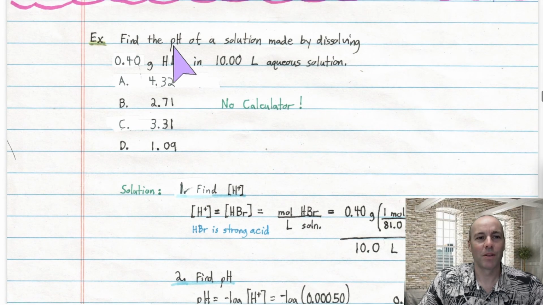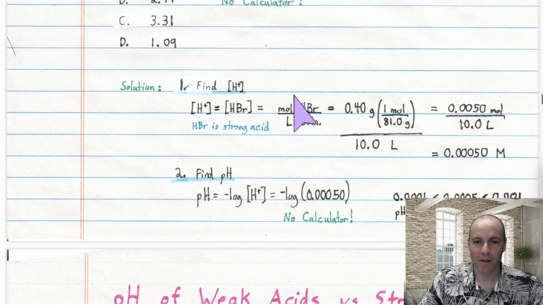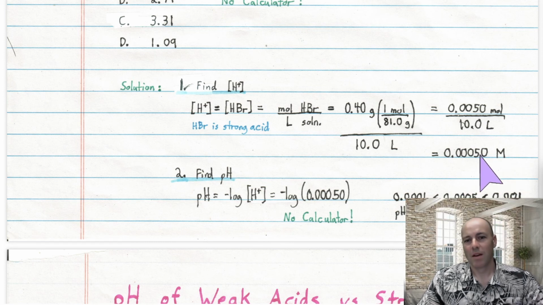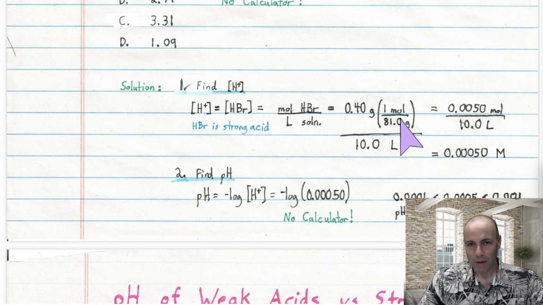You're told that you have 0.40 grams of HBr. We can convert that to moles, and you're told the liters of solution. You take your 0.40 grams of HBr and, using its molar mass, convert that to moles, and that goes in the numerator. And then divide that by the liters of solution. When you run this calculation, you end up with 0.00050 molarity.